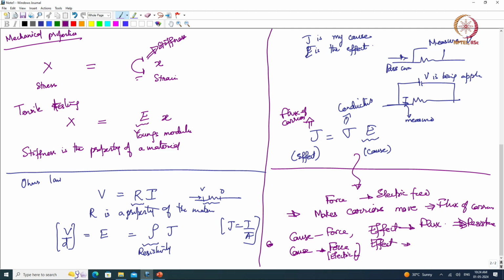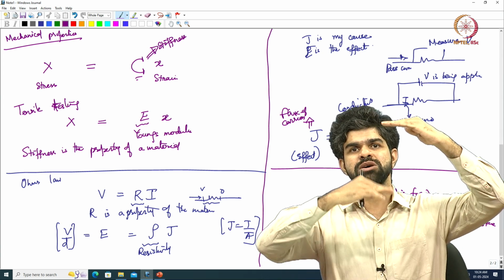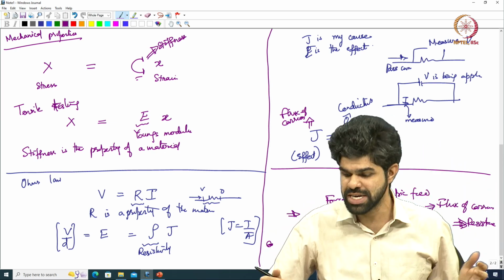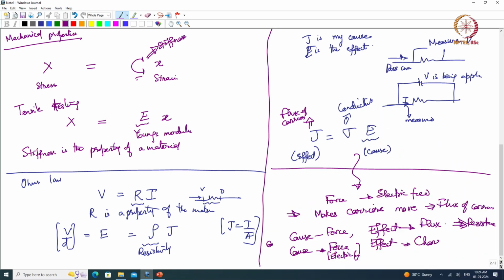There is no flow of current. I am just separating the charges. I put positive charges on the plate above, and negative charges on the plate below. I am creating charge, not flowing the charges. Here there is a flux of charges. So this is capacitance.